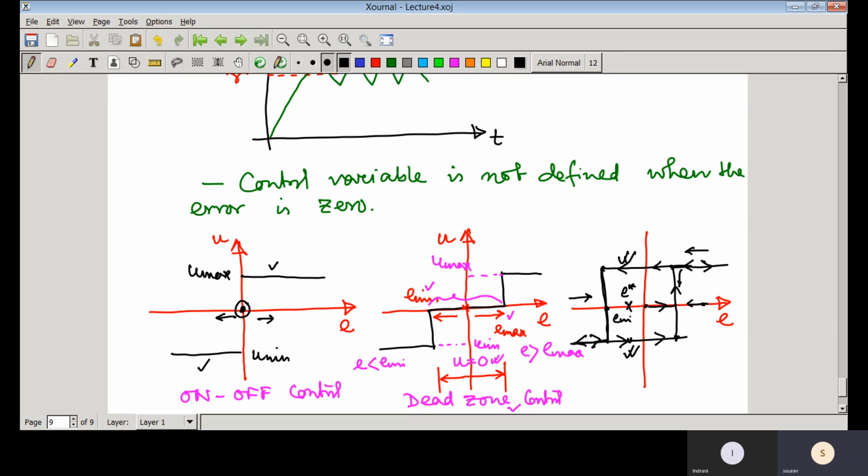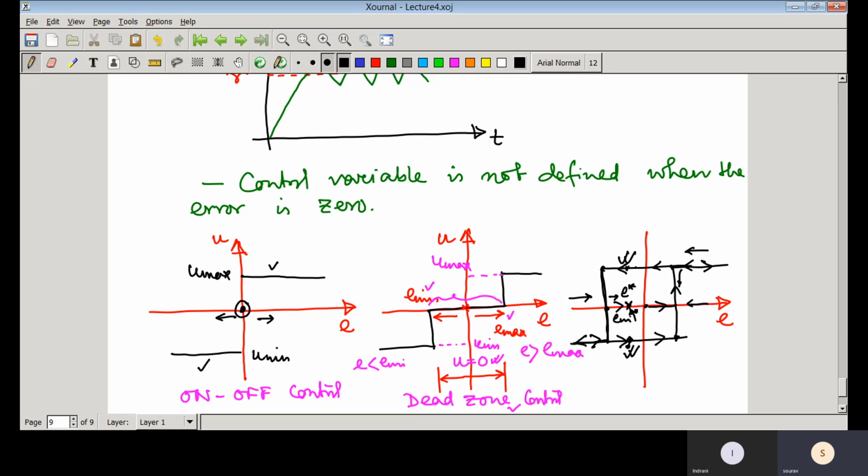Yes, you are correct. But whether you will be here or at that point depends on your initial condition. Suppose you have reached this particular point just by increasing this error from this side to that side, that means you will be at that position.